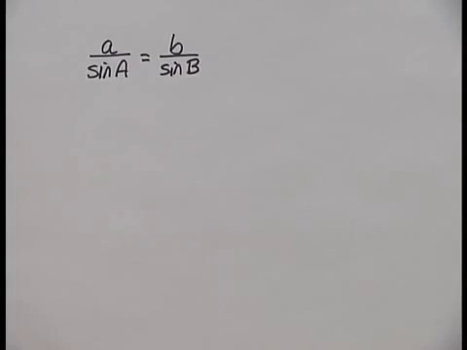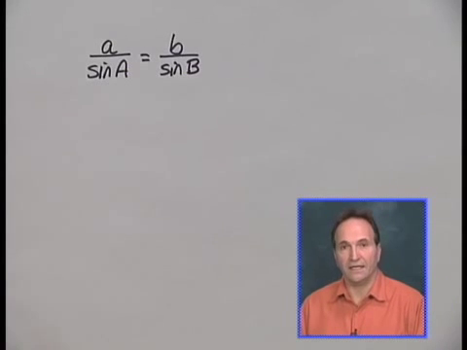So let's first look at the general formula for the law of sines and then substitute the values that we know. A divided by the sine of angle A equals B divided by the sine of angle B is the law of sines.